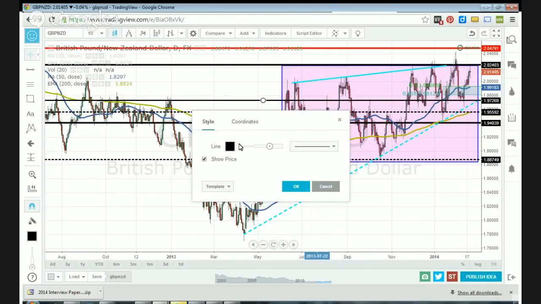Now this is about 500 pips, so 520 pips. So it's a little more than 2 to 1.